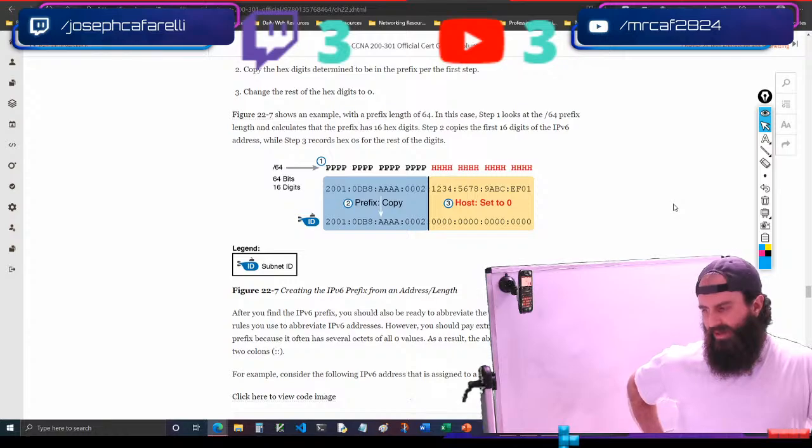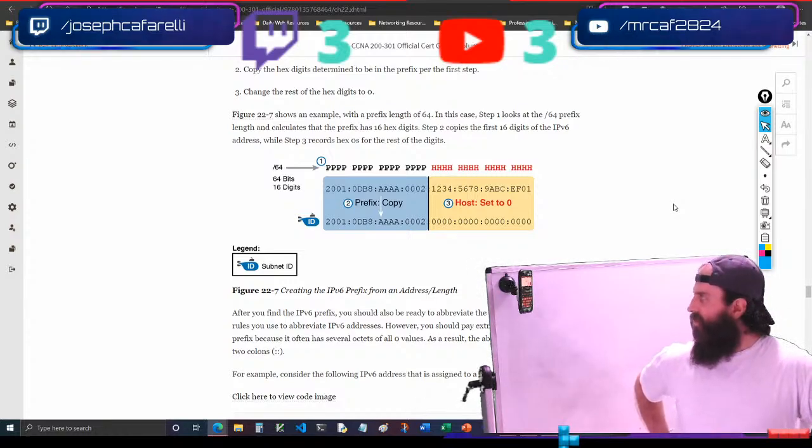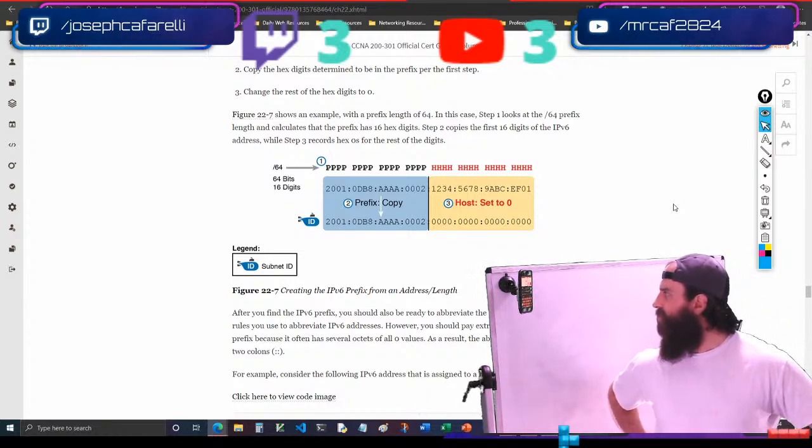So again, that goes to the question of what the advantages would be of setting up subnet IDs if IPv6 has trillions of addresses that are assigned. What would be the advantage of setting up subnet IDs?